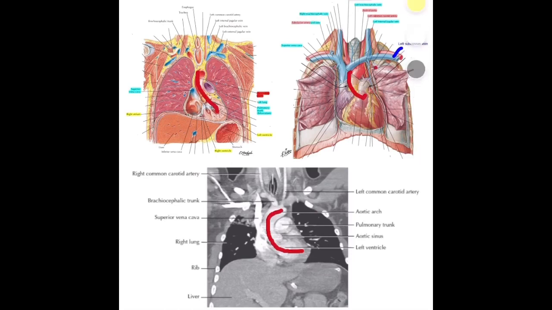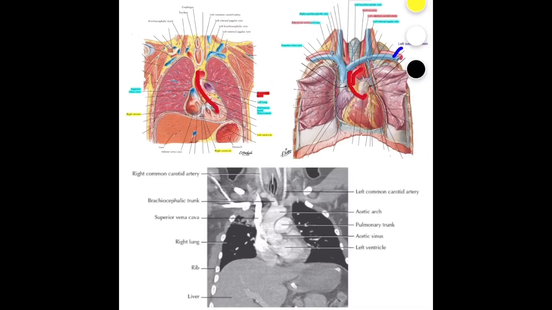Here you can see the left subclavian artery, then the left common carotid, and the brachiocephalic, which then further divides into 2. The arch of aorta gives off the left subclavian artery, the left common carotid, and the brachiocephalic, and the brachiocephalic divides into the right common carotid and the right subclavian artery.